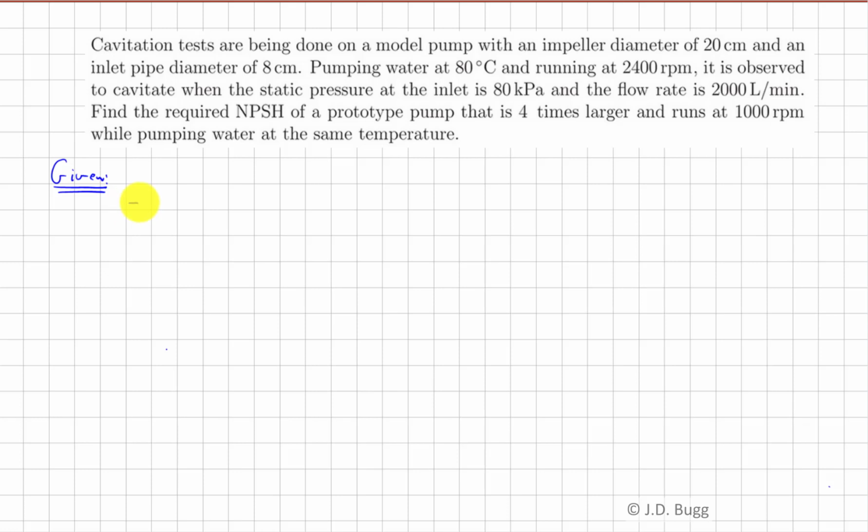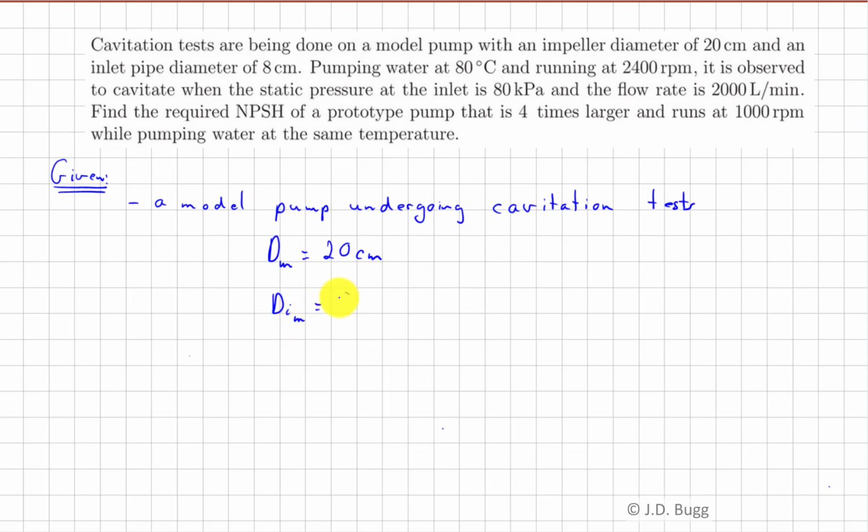So we have a model pump undergoing cavitation tests. We'll summarize the data. The diameter of the model is 20 centimeters. The inlet diameter of the model is 8 centimeters.